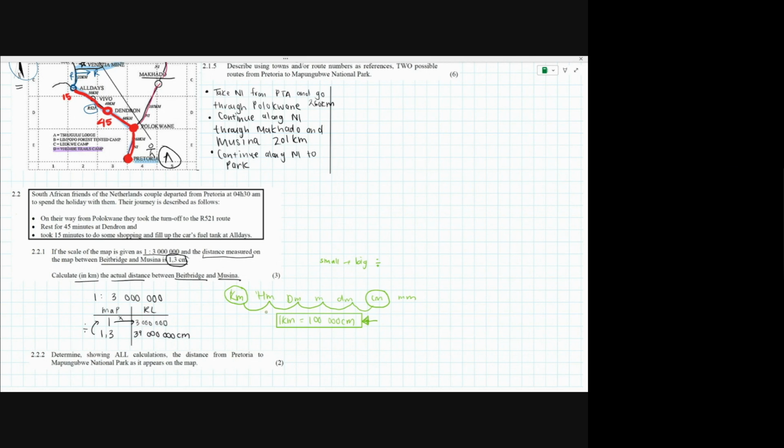But if you don't remember it, then King Henry is your guy. So we now need to go from 3.9 million centimeters to kilometers. Again, we're going from small to big, and we've just discussed this. You would have to divide by 100,000, or again, use the table method. That's absolutely fine. It's there for a reason.